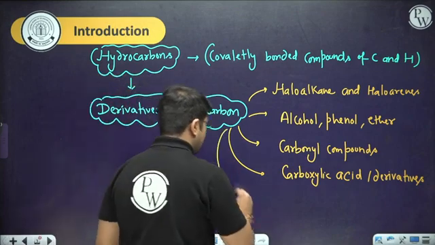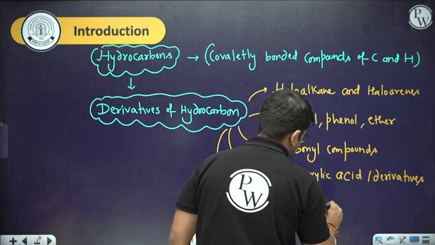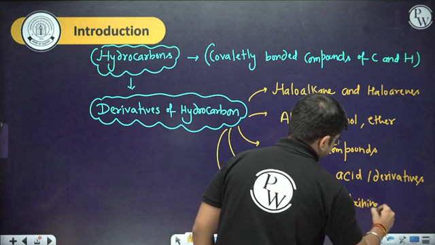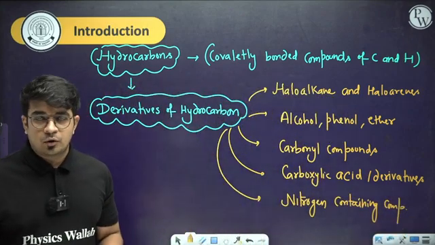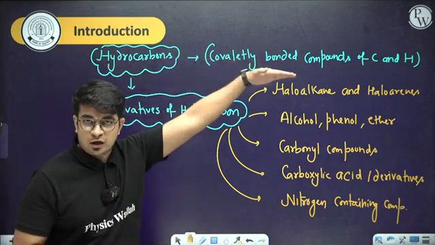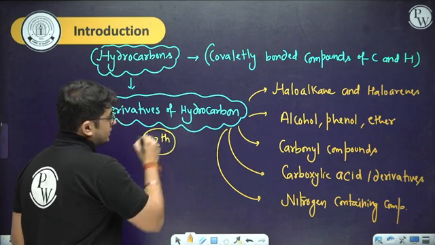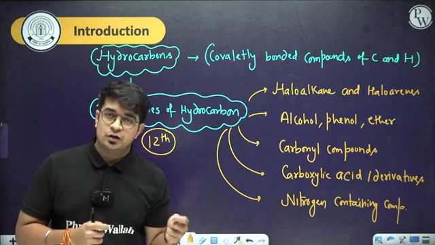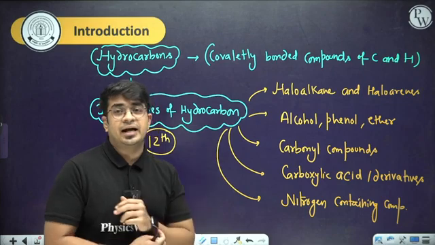And the last part will be nitrogen containing compounds. So first of all, if I talk about the 11th class only, in 11th class we generally deal with simple hydrocarbons, and the rest of the part you can find in your 12th class. These are the main chapters of organic chemistry, in which any of the hydrogen is replaced or substituted by different types of side atoms, you can say.